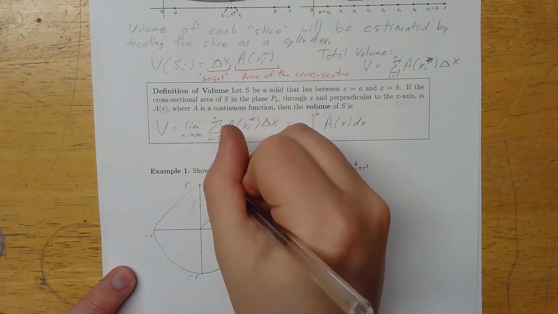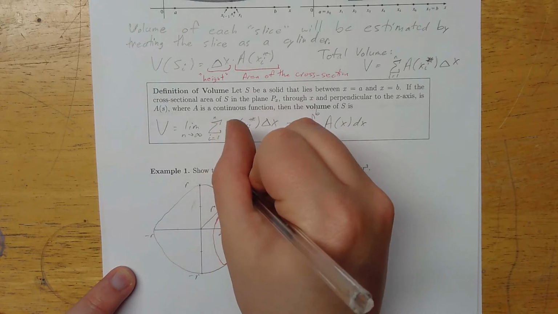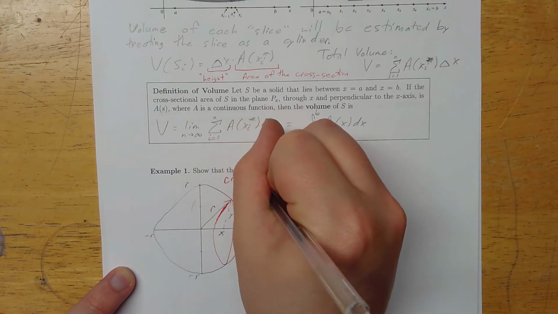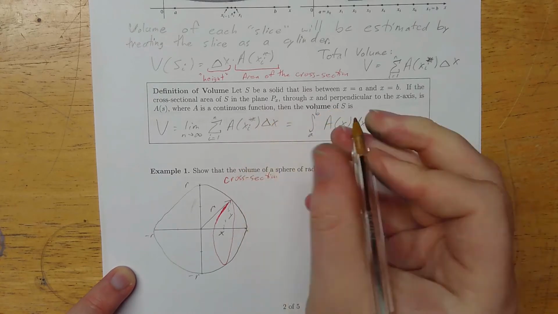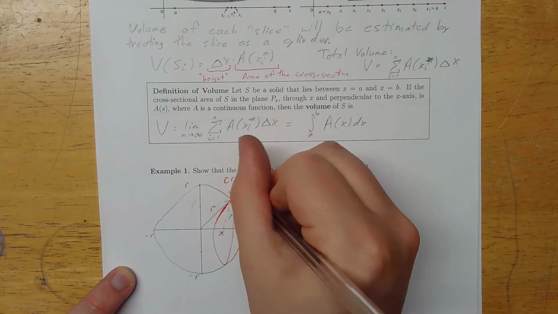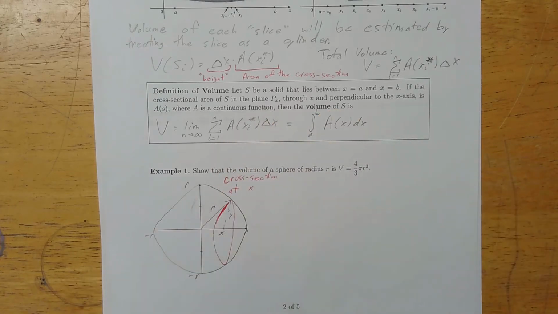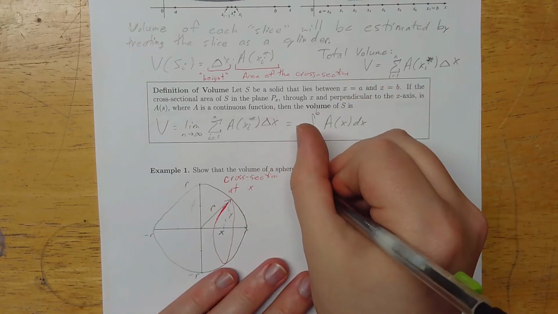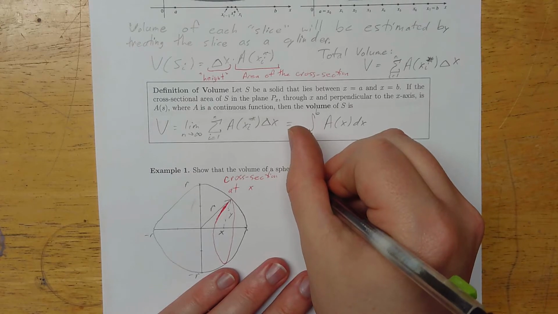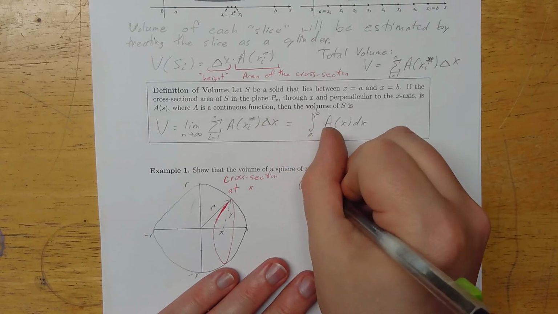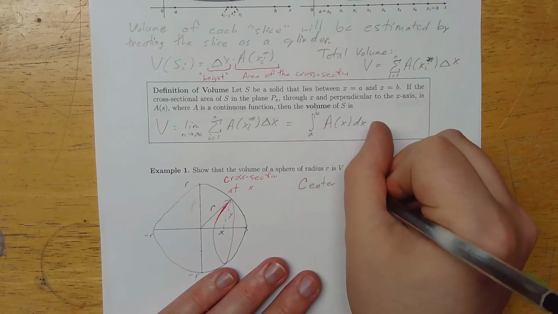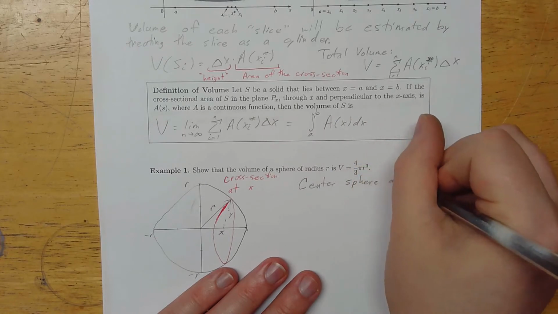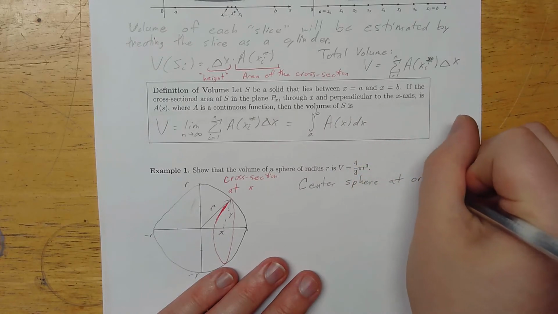So this thing in red here is the cross-section at x. So we've got a sphere centered at the origin, and we're doing that right now for purposes of convenience.